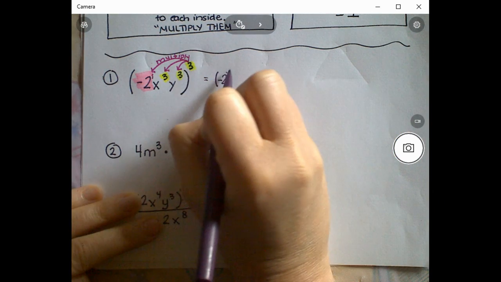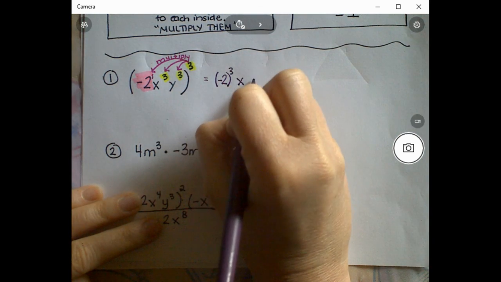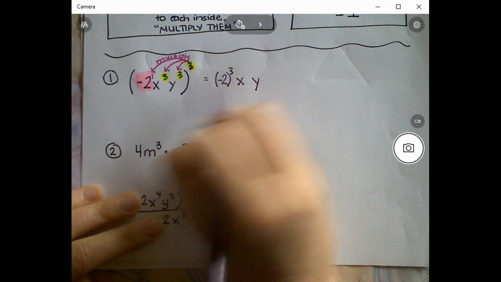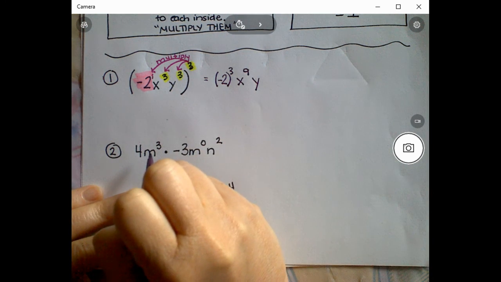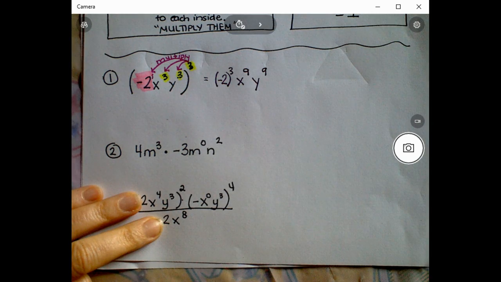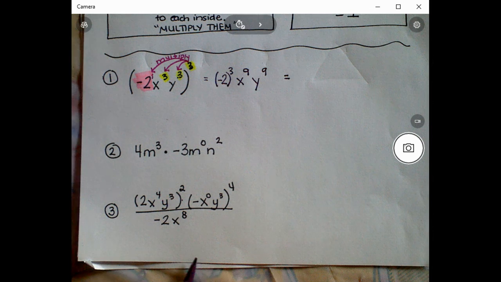1 times 3 is 3. We're going to have an x and a y. 3 times 3 is 9. And we're just going to finish this up by doing negative 2 to the 3rd power.